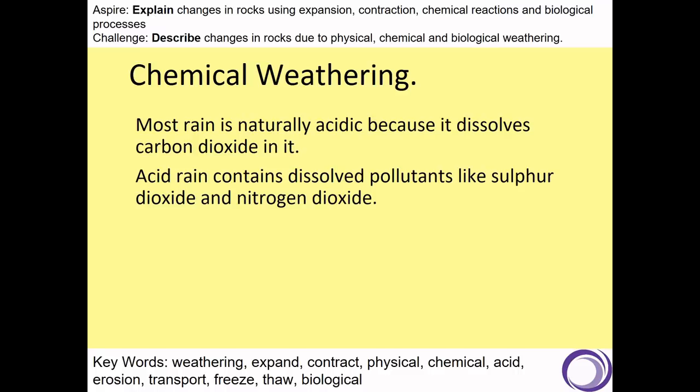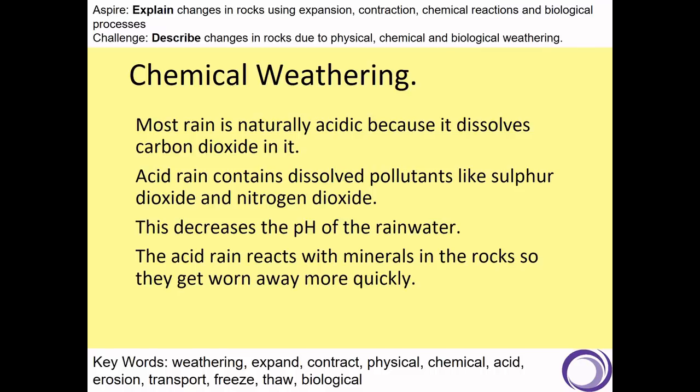So in the last 200 years, the levels of sulfur dioxide and nitrogen dioxide have increased in our atmosphere, and as a result, a lot of rain has become far more acidic. So in other words, as the substances dissolve in our rainwater, it decreases the pH of the rainwater, often less than 5.5.